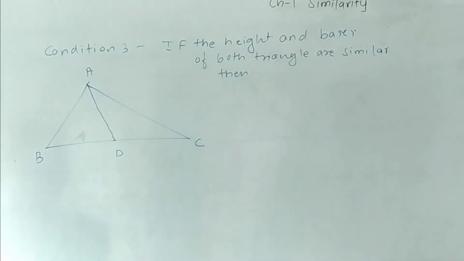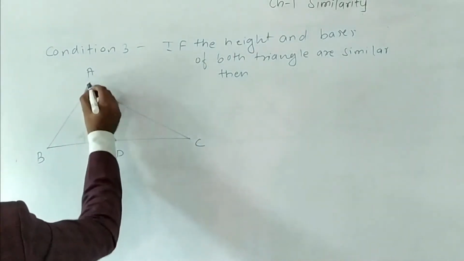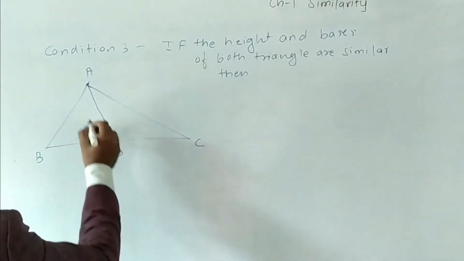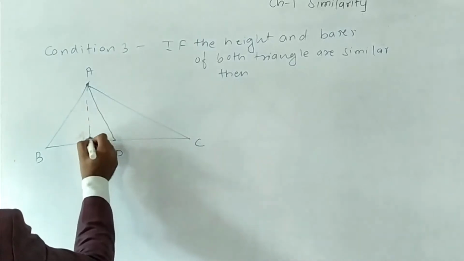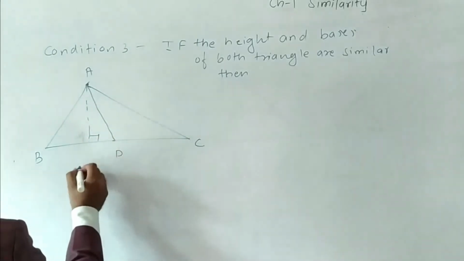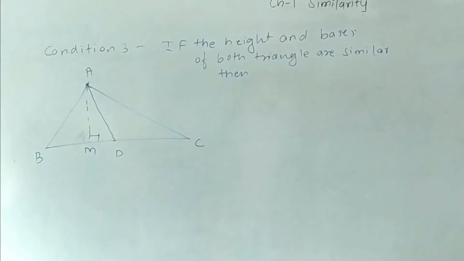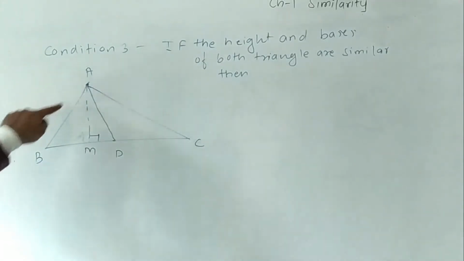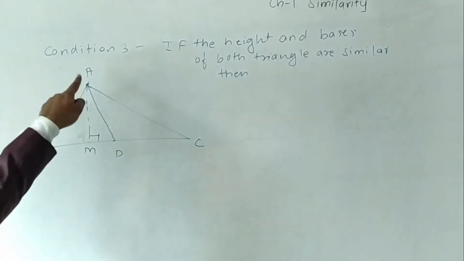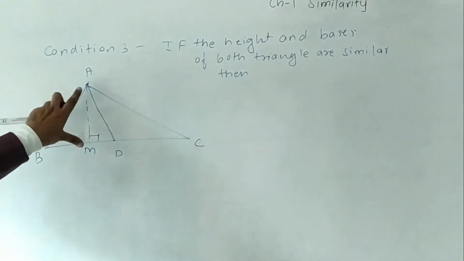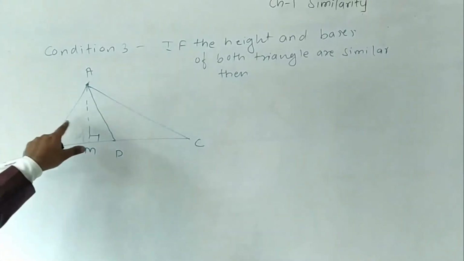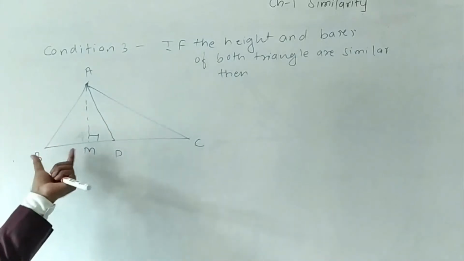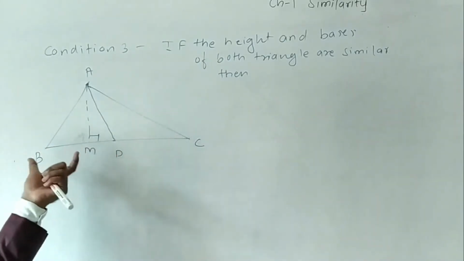Because of the common vertex, triangles ABD and ADC have the equal height AM, meaning the height of triangle ABD and ADC is the same, AM. Why? Because these two triangles have the same vertex and their bases are collinear.